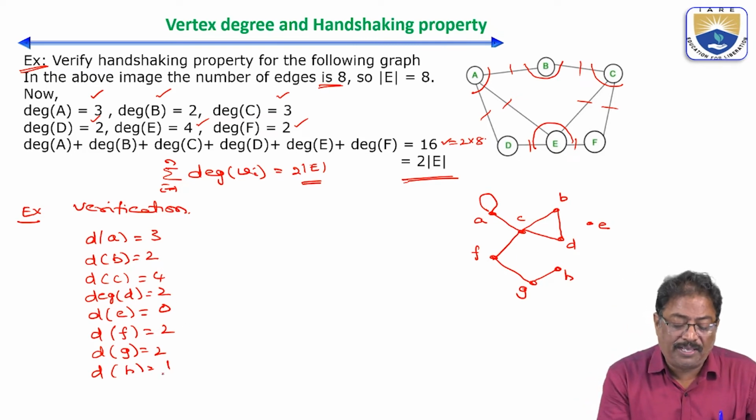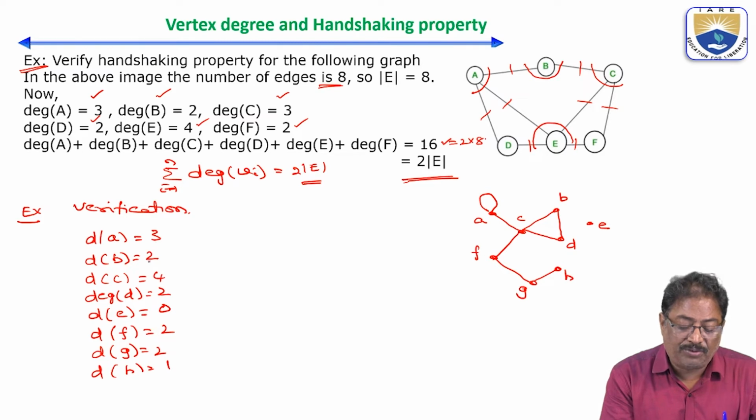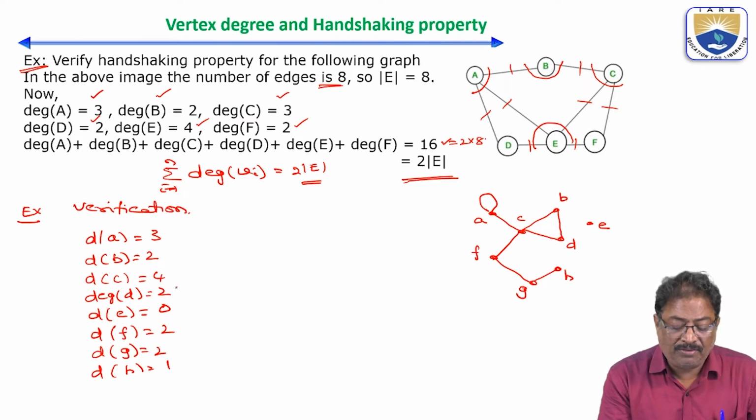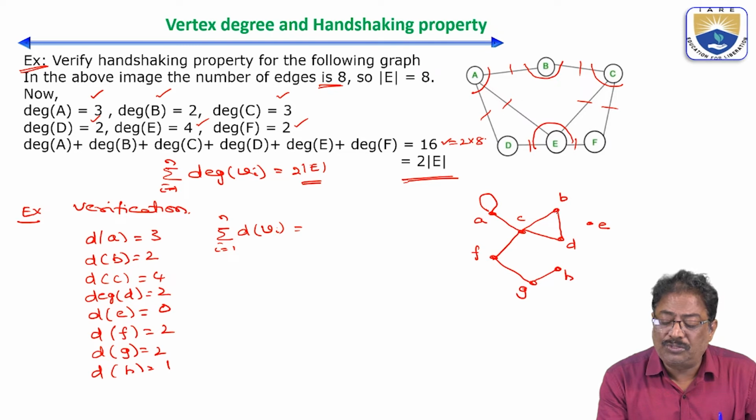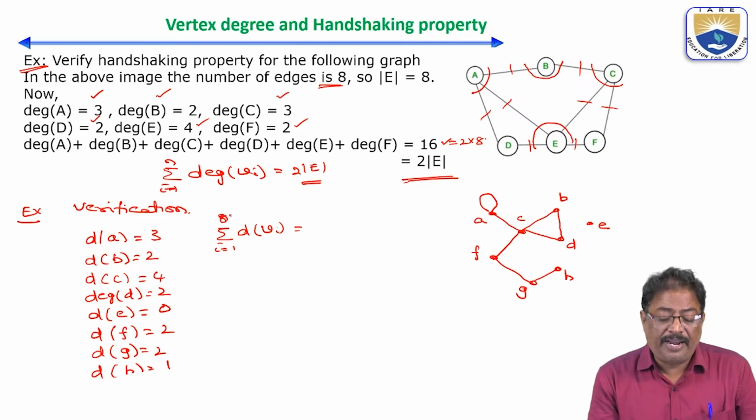Now what are the total degrees? 1, 3, 2, 6, 5, 9, 10, 10, 16. So the sum of the degrees of all vertices, which is equal to, let us say, sum of Vi, i equals 1 to n. What is n? 1, 2, 3, 4, 5, 6, 7, 8 vertices.